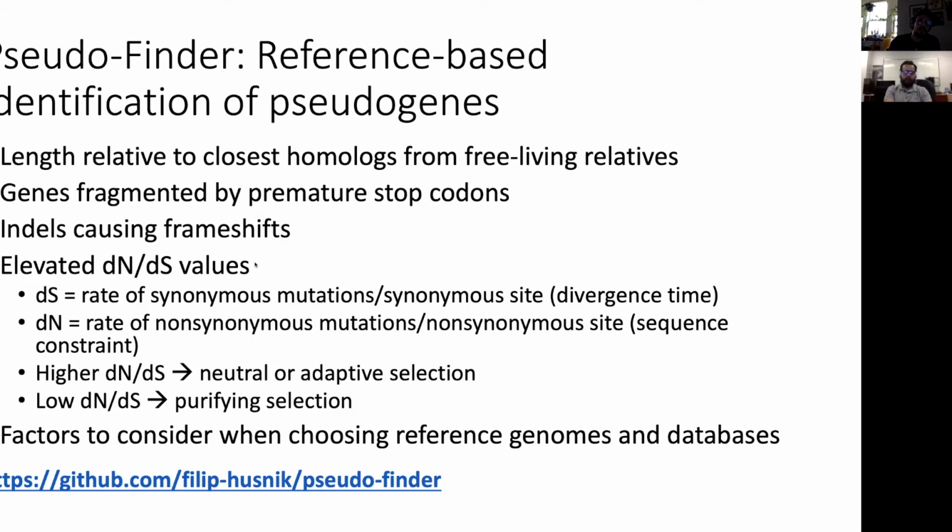Another advantage of PseudoFinder is that it is able to compare genes and calculate dN/dS values. A dN/dS value is essentially a measure of gene conservation.